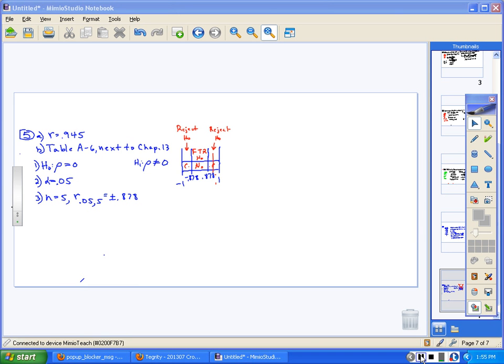Should have made the picture a little bit bigger, huh? Okay, I like to write a sentence that says reject H0 if r is less than the negative number 0.878, or if r is greater than the positive number 0.878. And no, you do not combine those into one inequality. They have to be 2 separate ones.